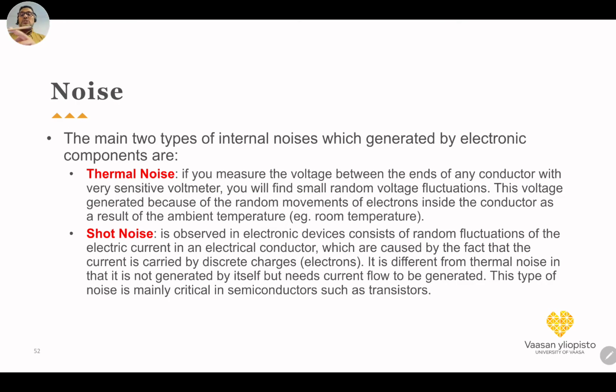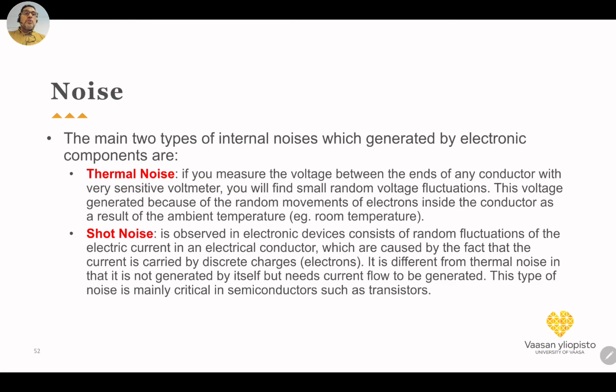Because of the ambient temperature, the electrons inside have energy and they move in a completely random way. So when the electrons on one side are more than on the other side, of course we will have a voltage drop there. If you have a very sensitive voltmeter, you can see that there is noise generated. So there is a voltage across any resistor or any conductor.